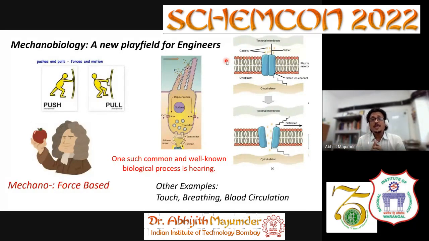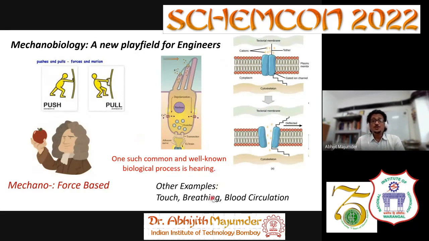And if there is any problem, which happens particularly in the case of the cardiovascular system, the cardiovascular diseases, the elasticity of our blood vessel changes, we develop blood pressure. So that tells us that mechanics is so important for our well-being.